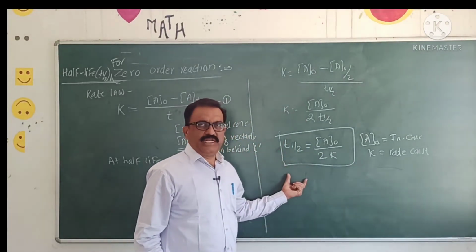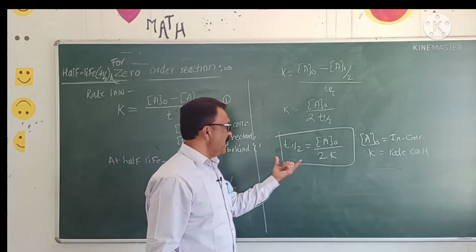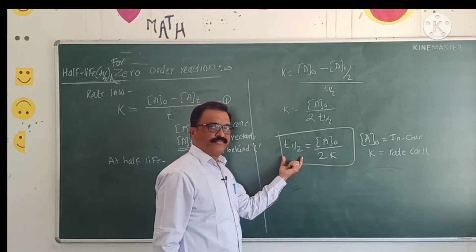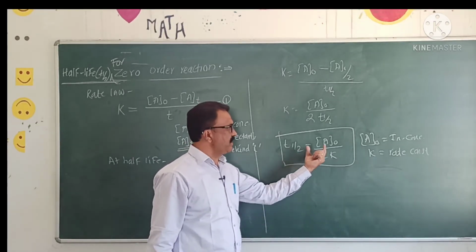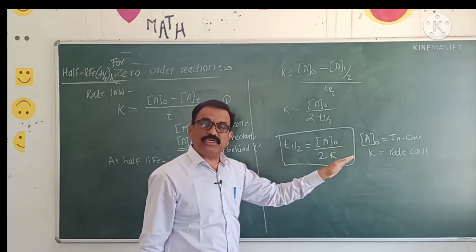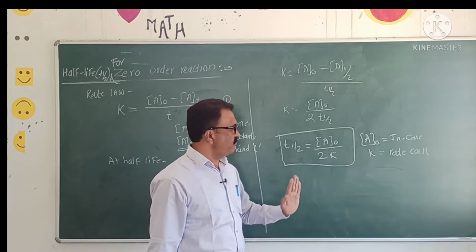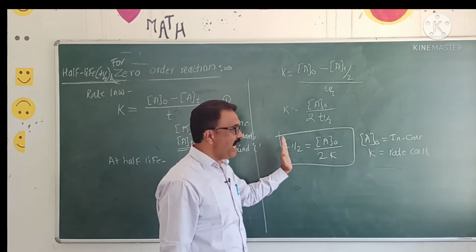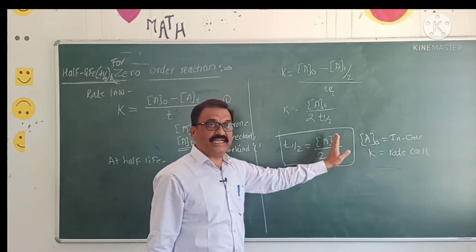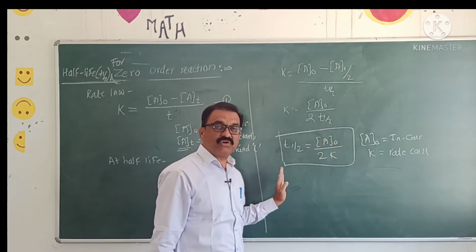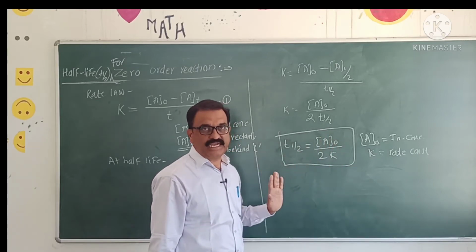These equations clearly indicate that half-life of zero order reaction is directly proportional to the concentration of reacting species. For zero order reaction, half-life is directly related with the initial concentration of a reactant.